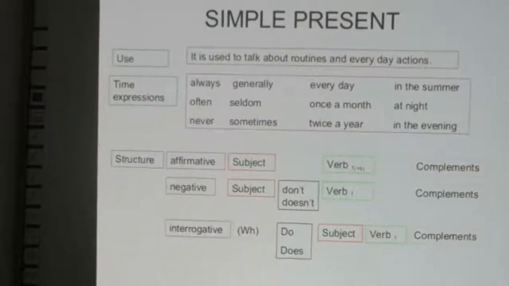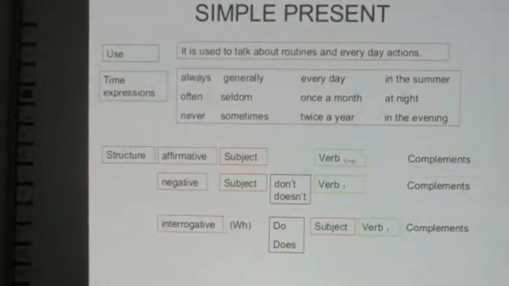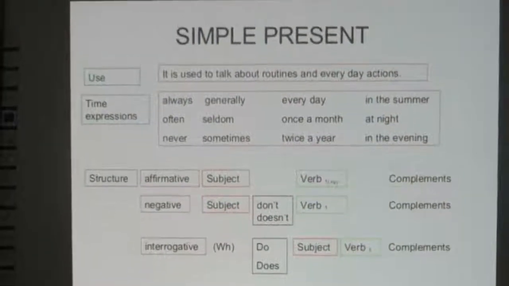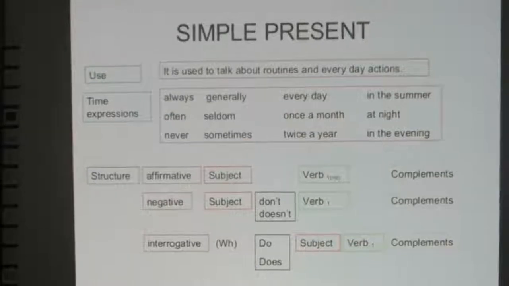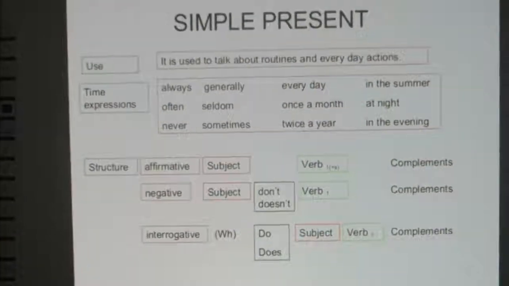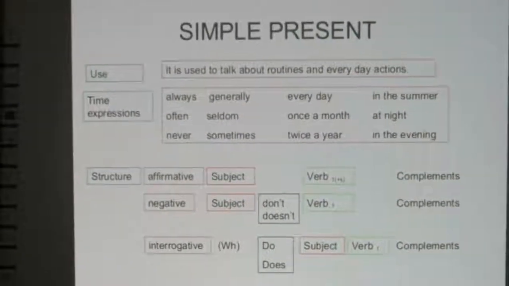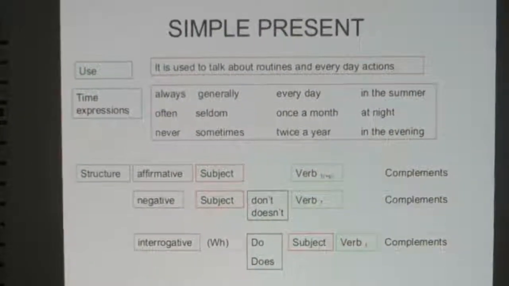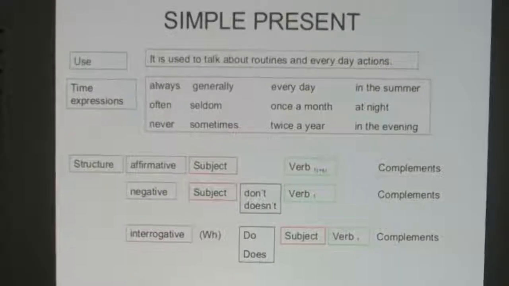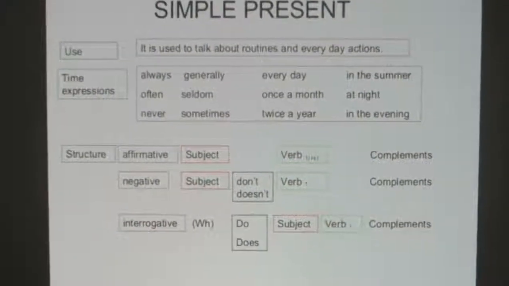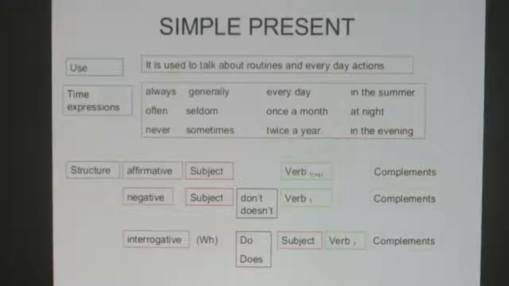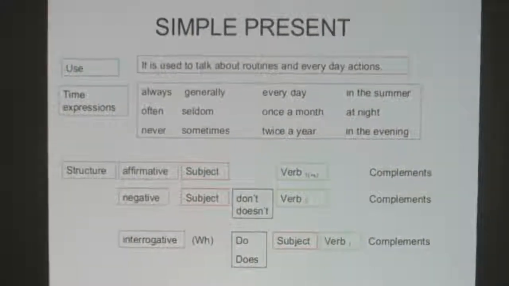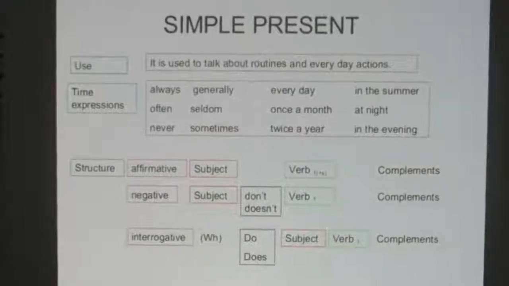The words like always, generally, every day, often, seldom, once a month, never, sometimes, twice a year, in the evening, or like we are sure that he does something every evening, then of course we use present simple.